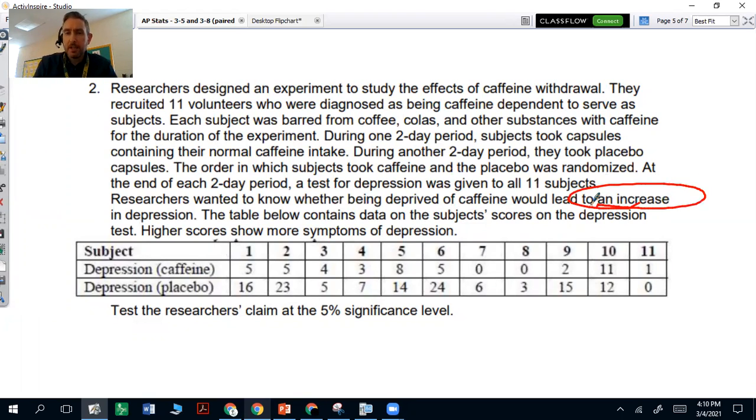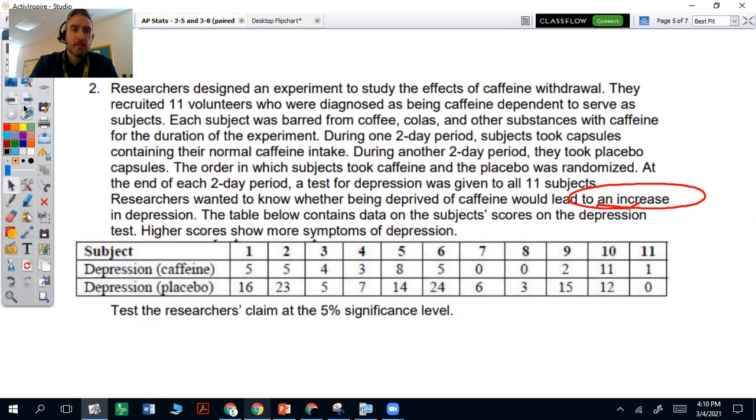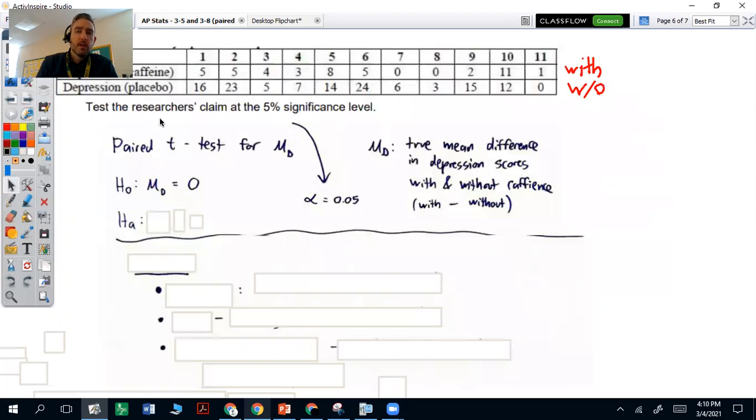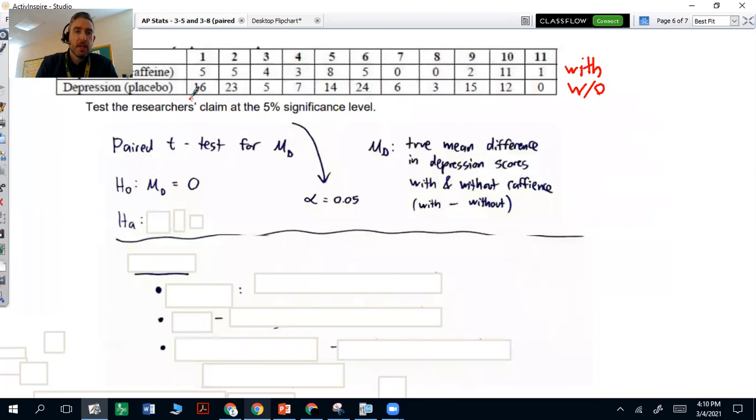So one would think increase means greater than, and it really depends on how you subtract. In this problem, if I'm doing with minus without, 5 minus 16, that's actually going to be a negative, right? Negative 11. 5 minus 23, negative 18, negative 1, negative 4, negative 6, negative 19. See how these are all negative?